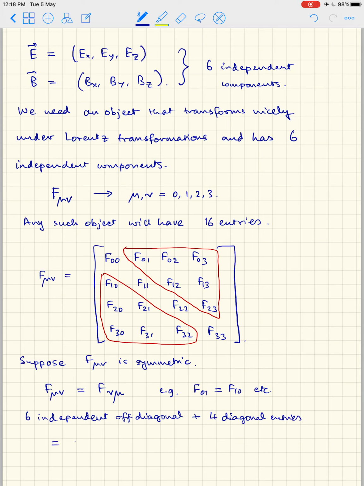So that makes it 10 independent entries. So this doesn't quite do.